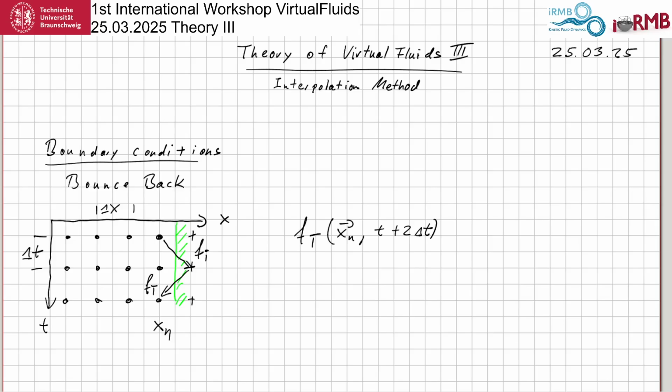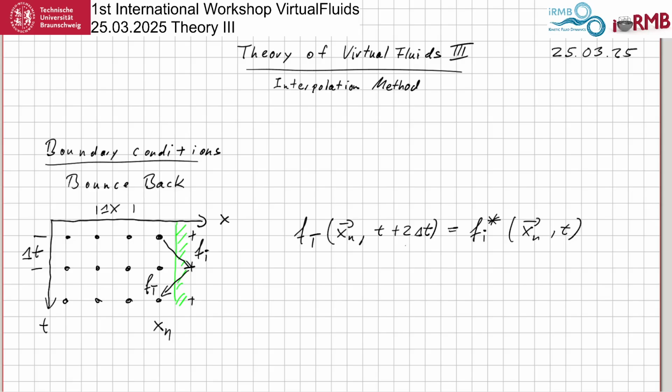And you may disagree with this. I know people who disagree with this. So this is actually the outgoing, the post-collision state from the same lattice node at time t.